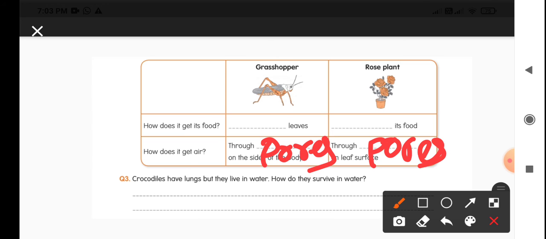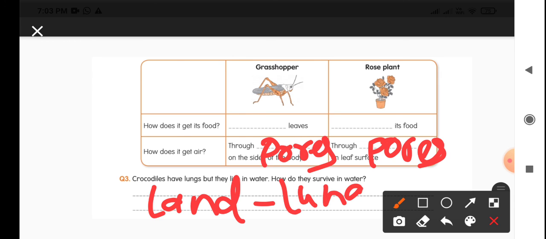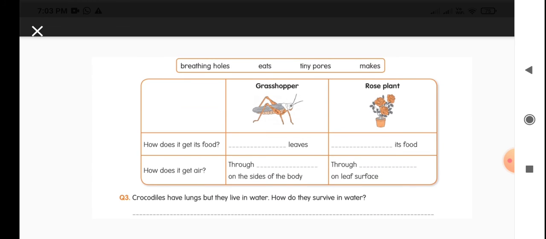Even though they are in water, they are not breathing through gills like fishes. They come out to the land when they are breathing. They come to the land, they'll breathe, and then they go inside the water. That's why they are using their lungs for breathing. These are just hints I gave, children. Write your own answers by using these hints.